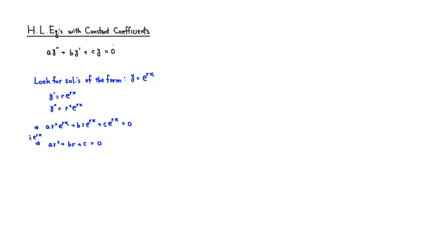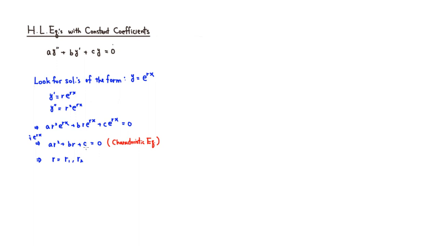This equation is called the characteristic equation of this differential equation. Since this is just a quadratic equation, we can find solutions. Let's say you have two solutions, r equals r1 and r2.